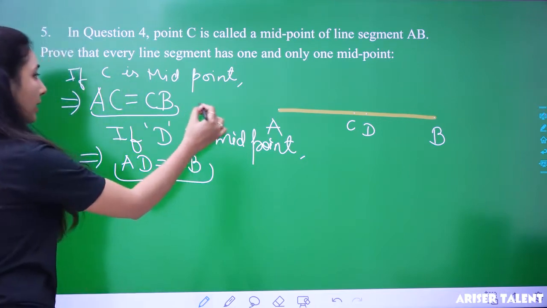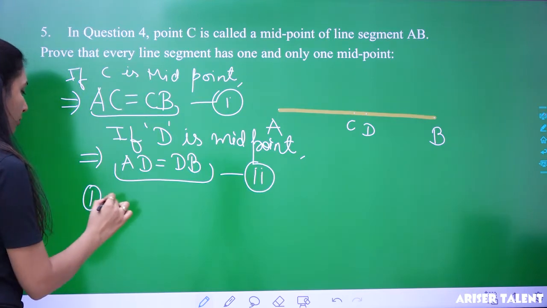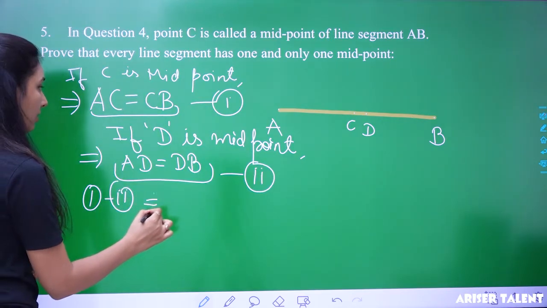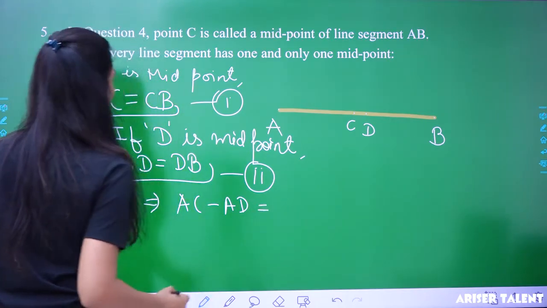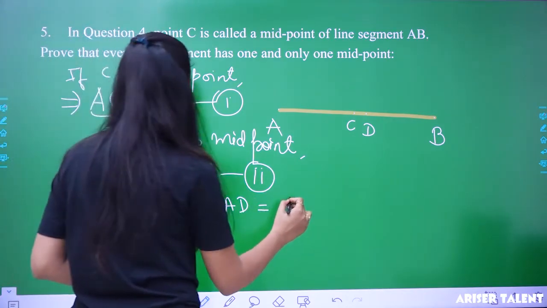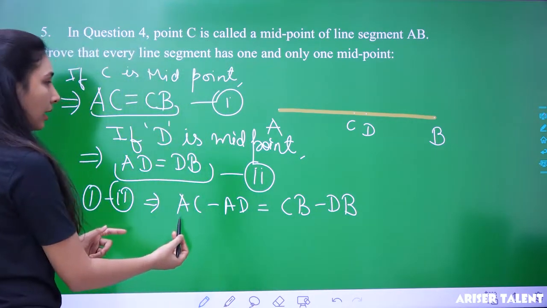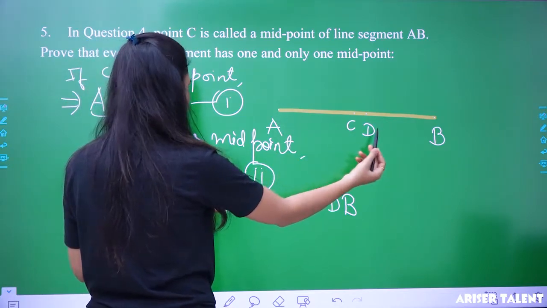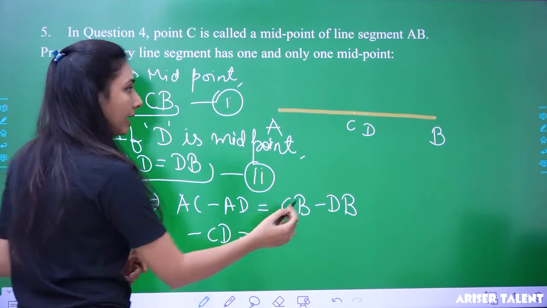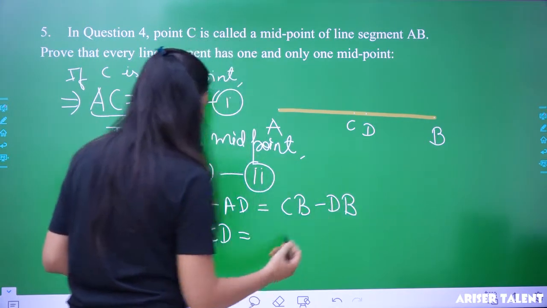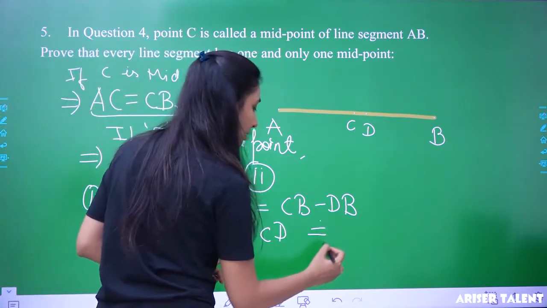So we can subtract the second from the first. That gives AC minus AD equals CB minus DB. AC minus AD is CD, and CB minus DB is minus CD.